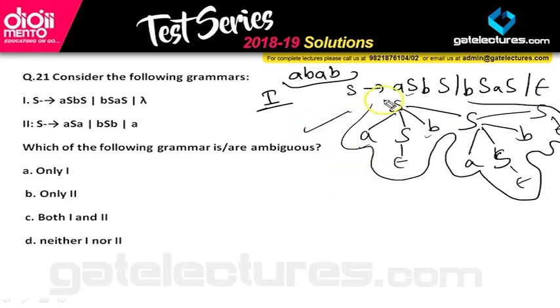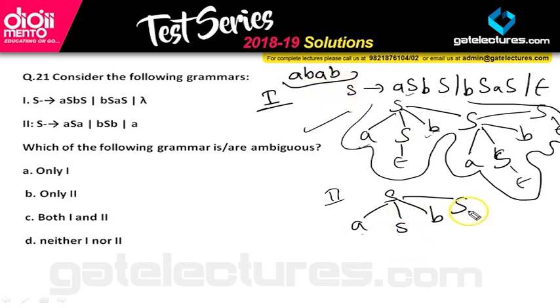Okay, so let's try to make one more parse tree. If I succeed in making one more parse tree for the same given string, then this grammar will be ambiguous. So let's use the same production a S b S. Now after an a I just want a b. Here I use the same production, but let me make a few changes.